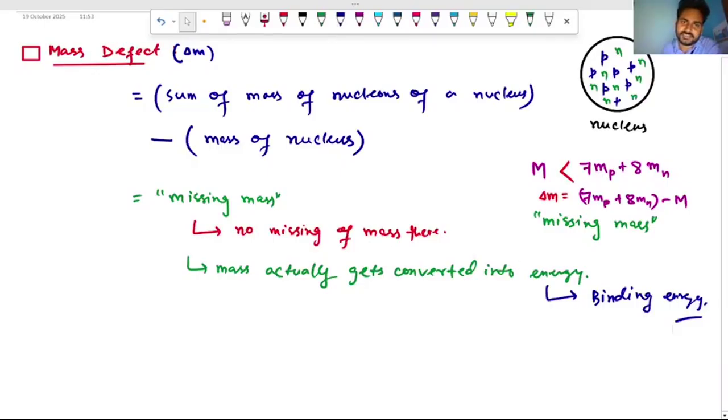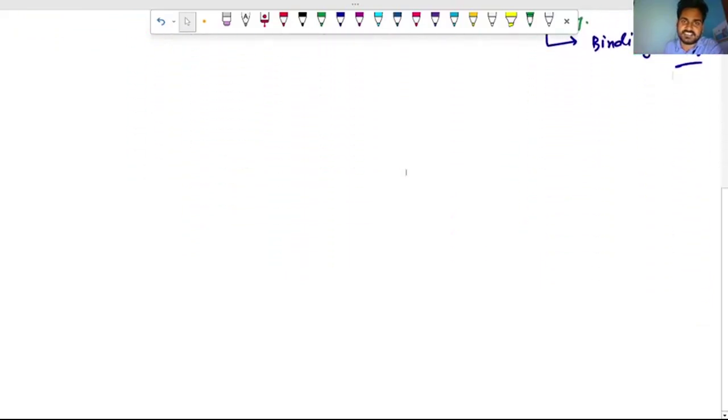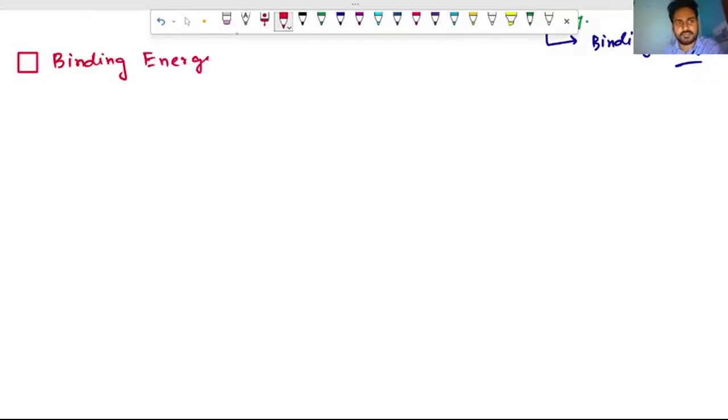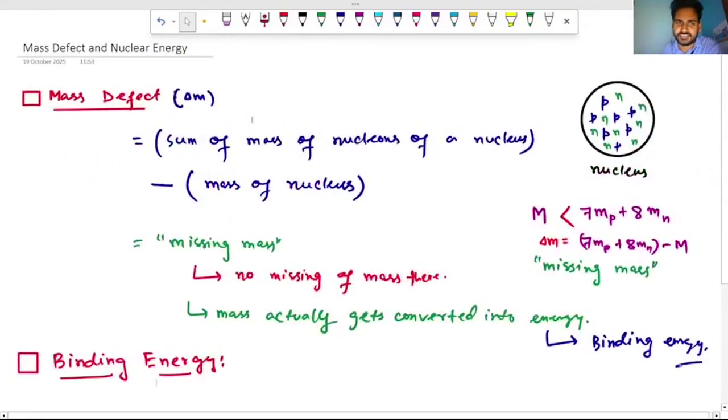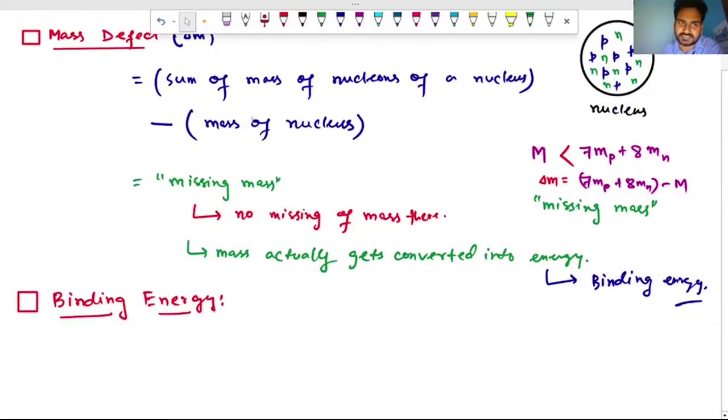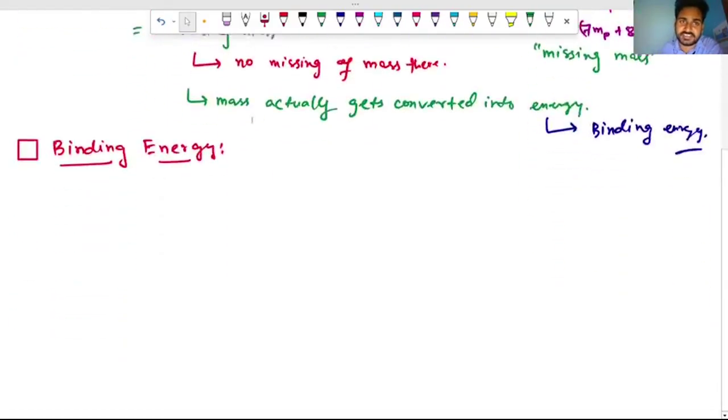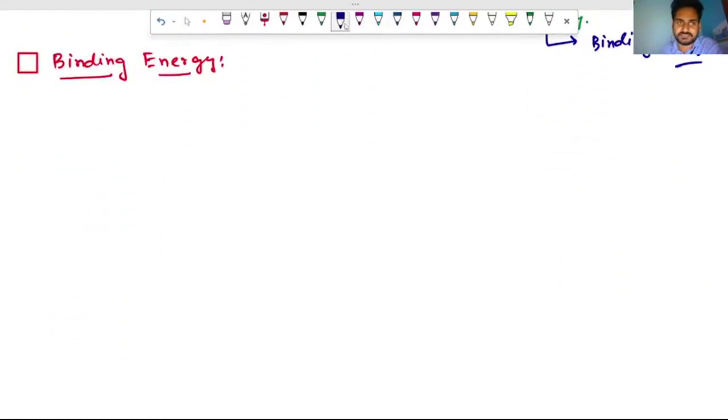Okay, so let us discuss now the binding energy of a nucleus. So the heading is binding energy. What is binding energy? I already told, it is the energy corresponding to a mass defect. So let us write it in words.